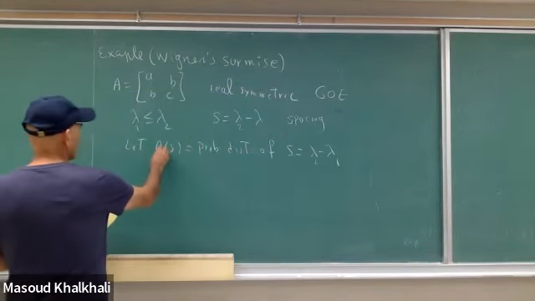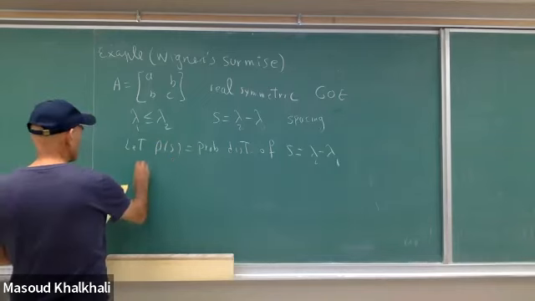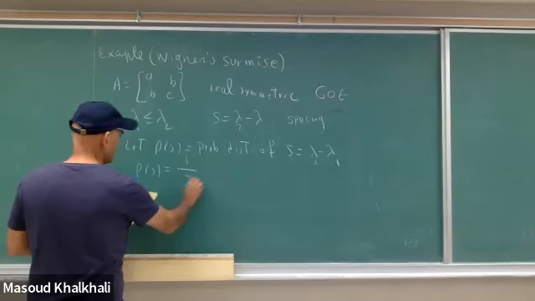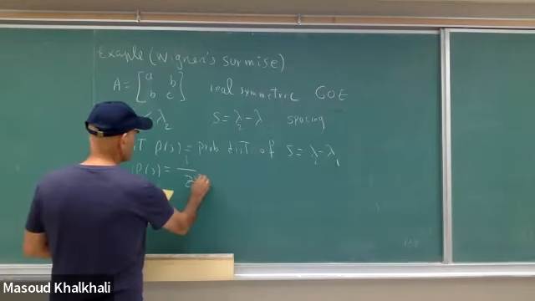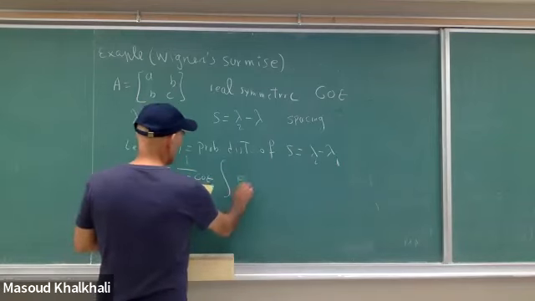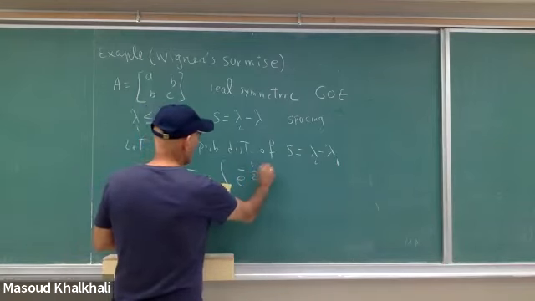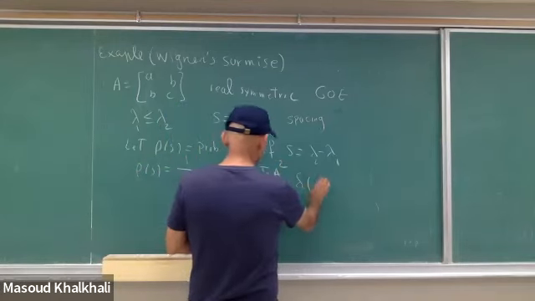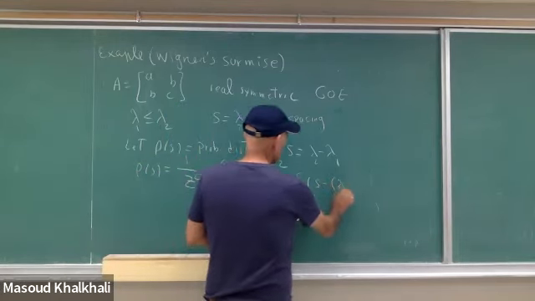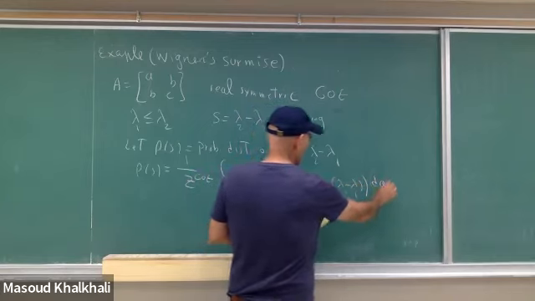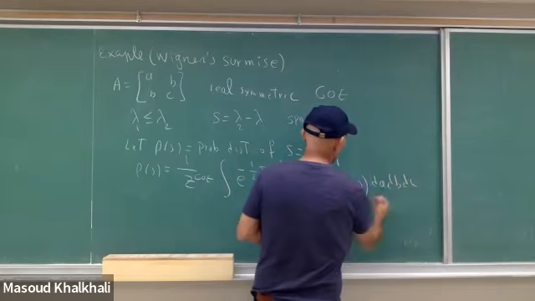By general results in probability theory, you know that this rho of S is obtained by an integral: 1 over Z, integral of e to the minus 1/2 trace of A squared, times the delta function of S minus (λ2 minus λ1), dA, dB, dC.